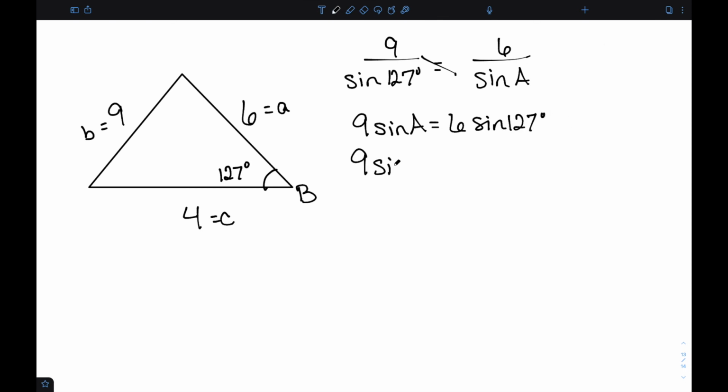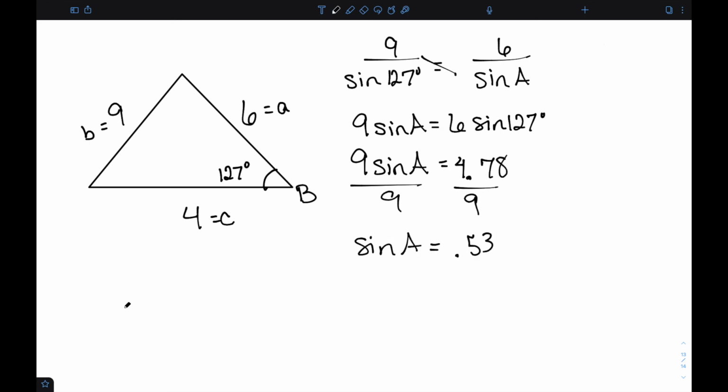Using a calculator tells us this is 9 times sine of A is equal to about 4.78. Divide both sides by 9 to get that sine of A is about 0.53. We then use the inverse sine function to find the angle, and we get that angle A is about 32 degrees.